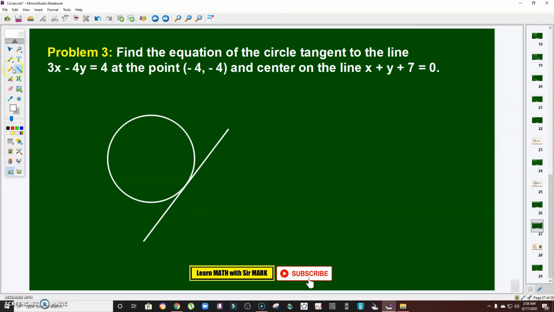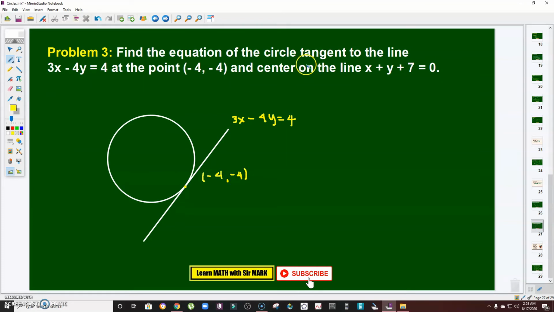Again, the figure is not drawn to scale, and this is not the actual illustration. I'm drawing it here for illustration purposes only, just an estimate. This line is 3x minus 4y equals 4. Then the point of tangency is (negative 4, negative 4).